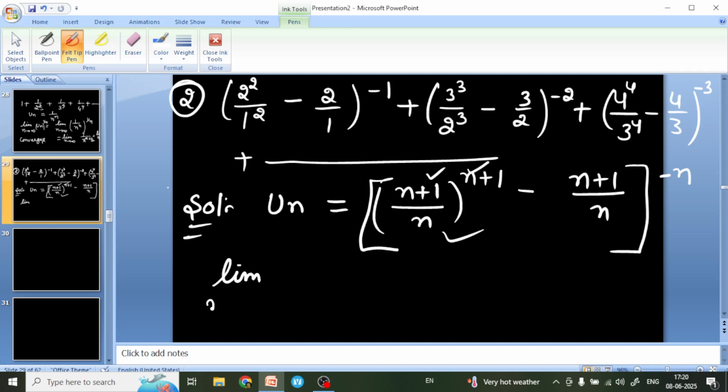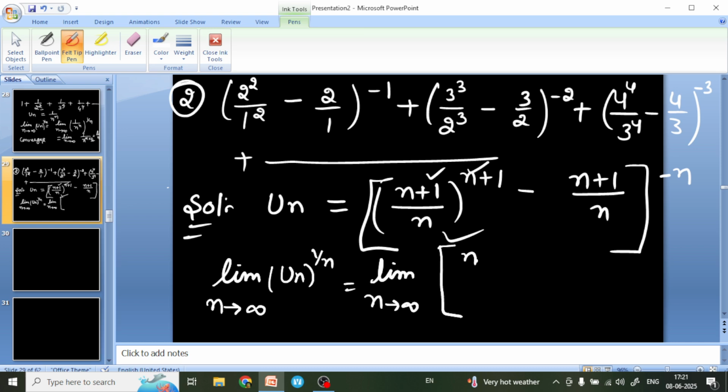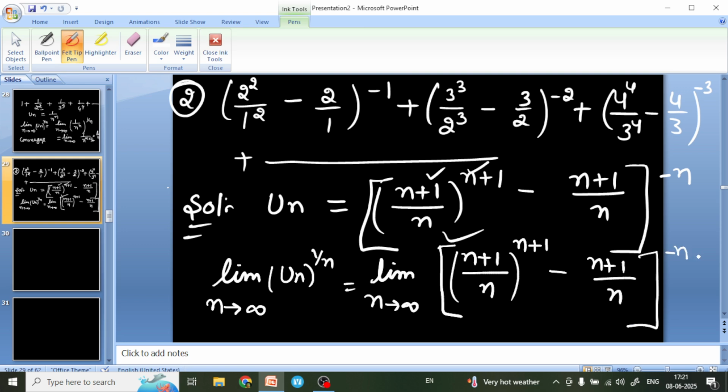The limit as n tends to infinity of un raised to power 1 by n equals the limit as n tends to infinity, we will write here (n plus 1 over n) whole power n plus 1 minus (n plus 1 whole over n) whole power minus n, multiplied by 1 by n, the n cancels with n.